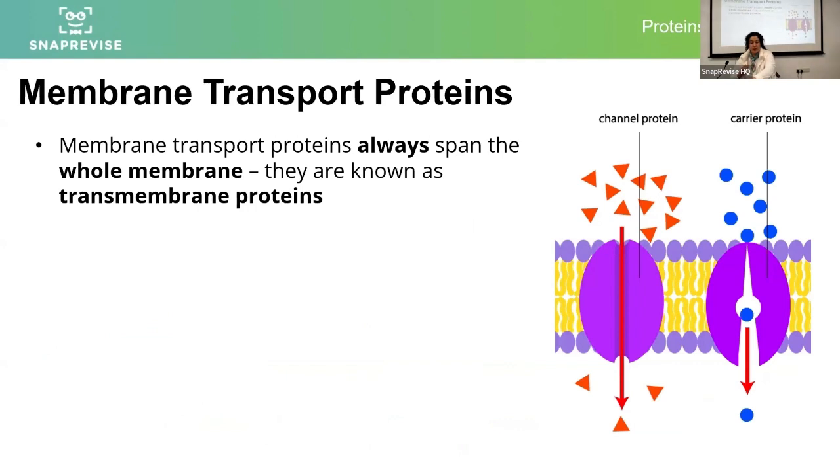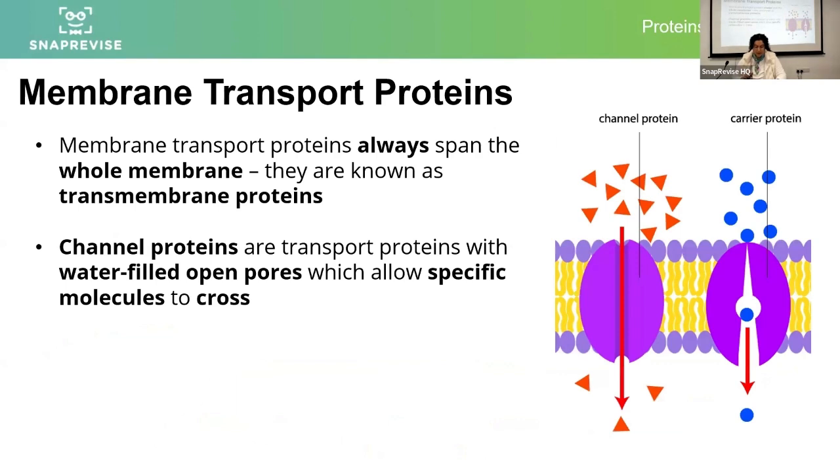What do membrane transport proteins actually do? They span the entire membrane, as we said, and so they'll be known as transmembrane, integral proteins. We've got 2 main types of transport proteins, and one is channel proteins, and they will have a fixed shape and a water-filled or aqueous pore, which allows specific molecules to cross.